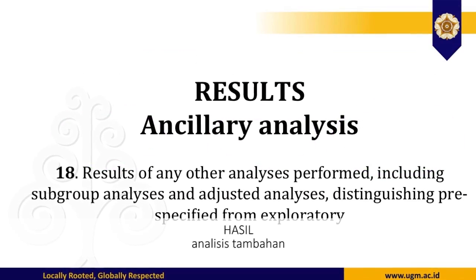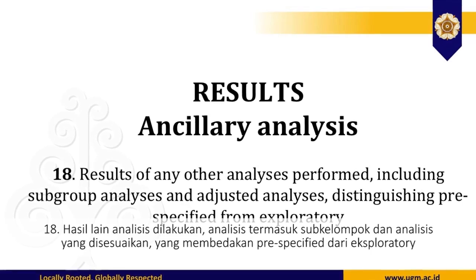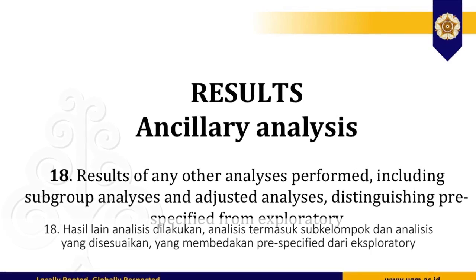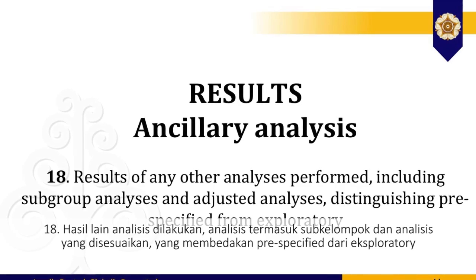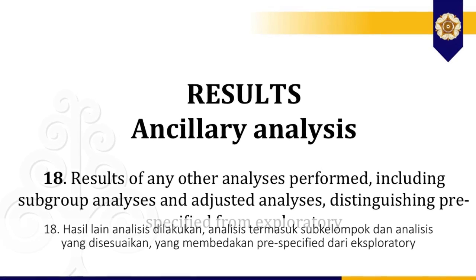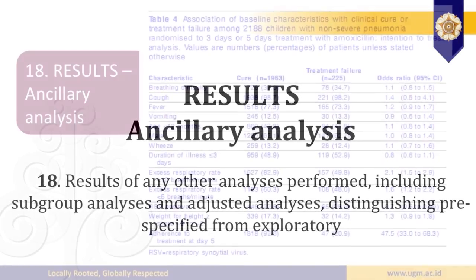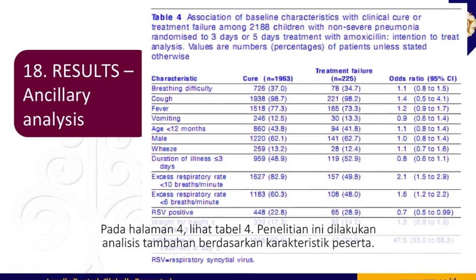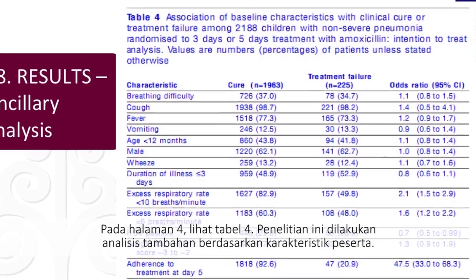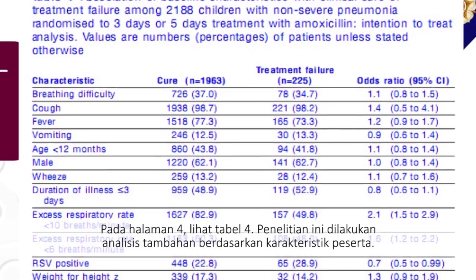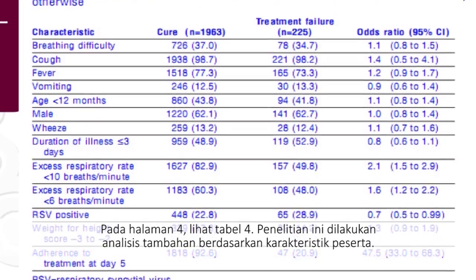Results. Ancillary analysis. 18. Results of any other analysis performed, including subgroup analysis and adjusted analysis, distinguishing pre-specified from exploratory. On page 4, look at Table 4. The study performed additional analysis based on characteristics of participants.